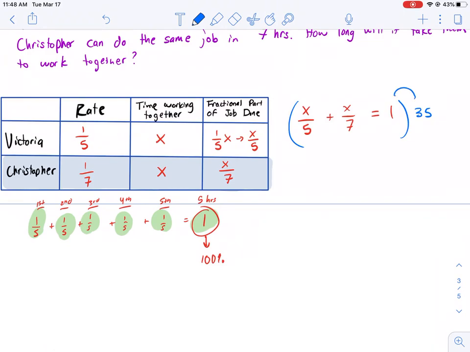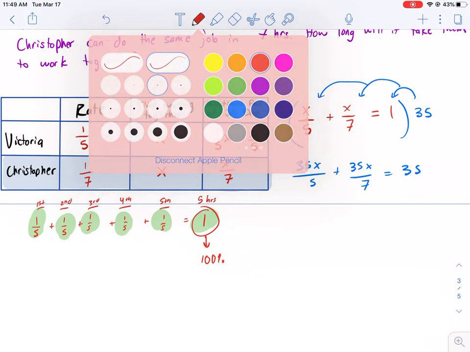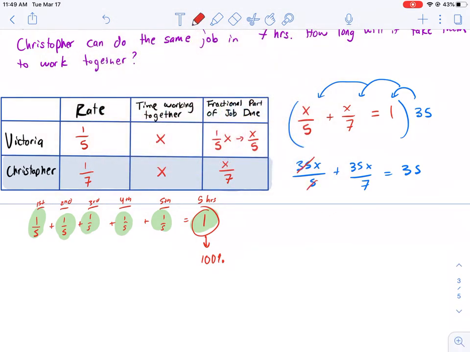So once we do that, we have 35x over 5 plus 35x over 7 equals 35. We can simplify. We can cancel. So 35 and 5 cancels to be 7x. 35 and 7 cancels to be 5x.